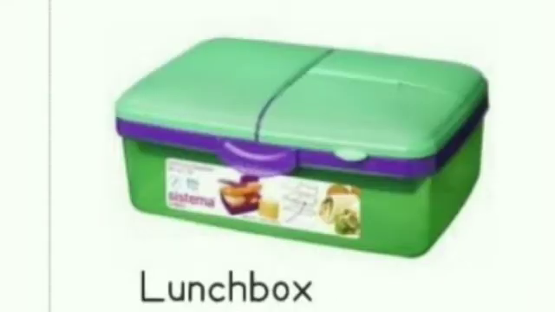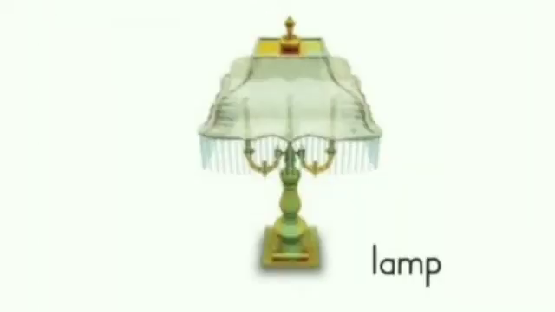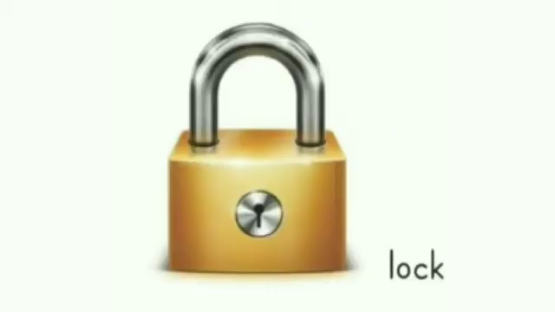Now let's see some more words of alphabet L. Capital L, small l. L for lunchbox. L for lamp. L for lock. L for lemon.